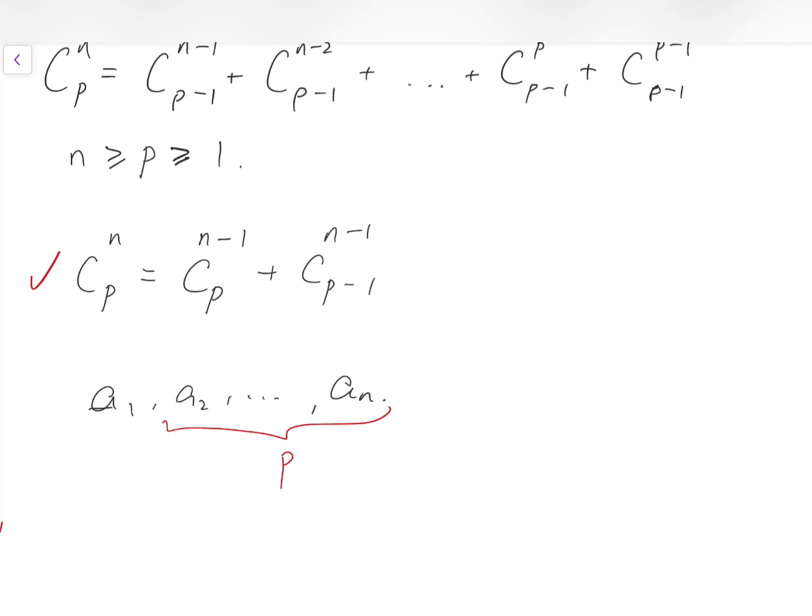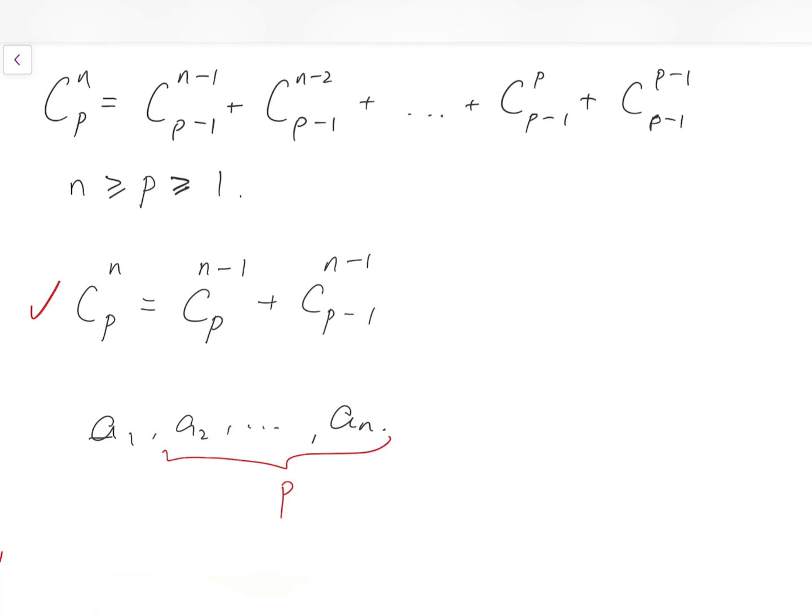Now from this, it is kind of an induction, and from this we can rewrite this term as n minus 2 choose p plus n minus 2 choose p minus 1, using a similar argument.